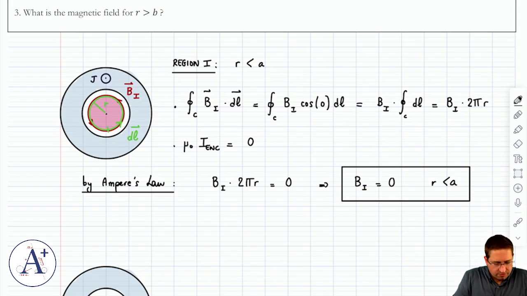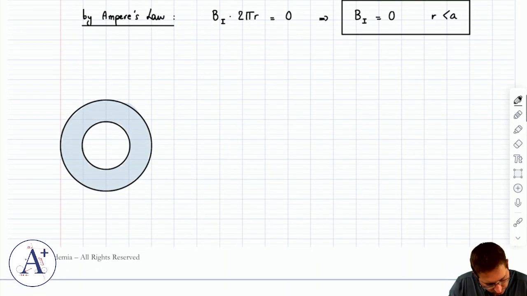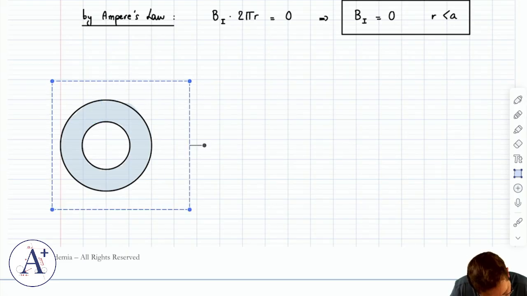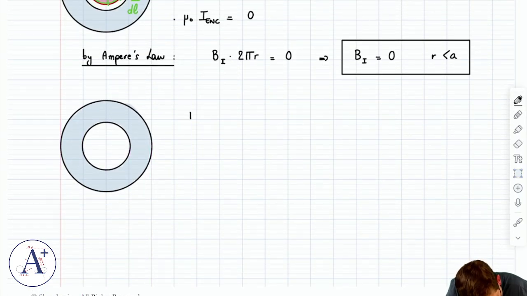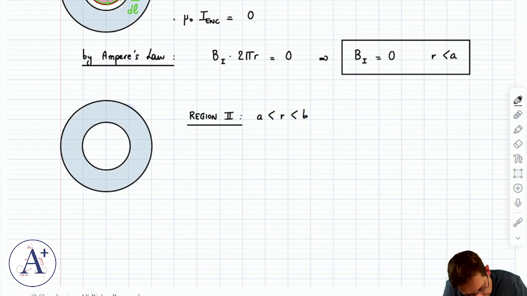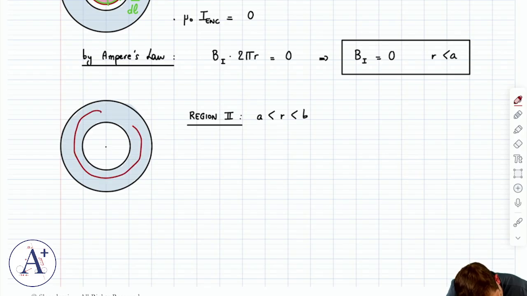Okay, now what happens if I move to region 2? Okay, let's maybe move this up so we have a little bit more room. And I'm going to have region 2. That's going to be for r between a and b. And by the way, because of the shape, I expect that B2 is going to have circular field lines.